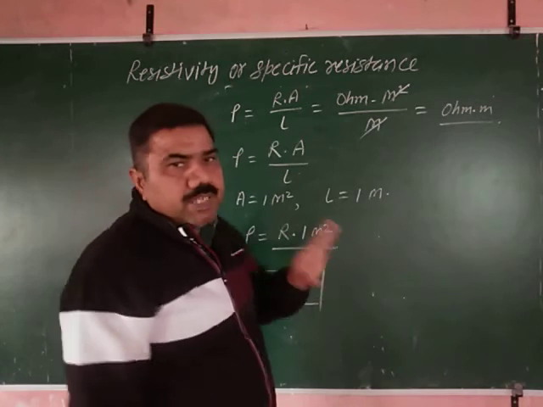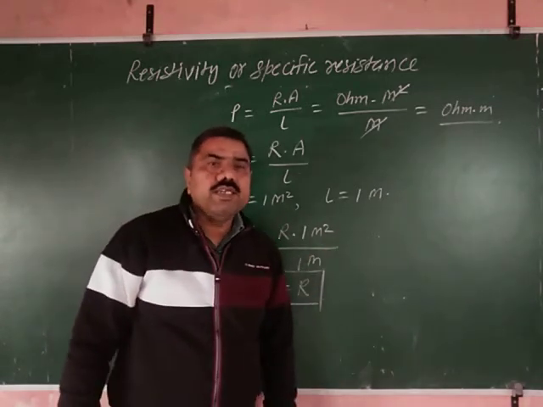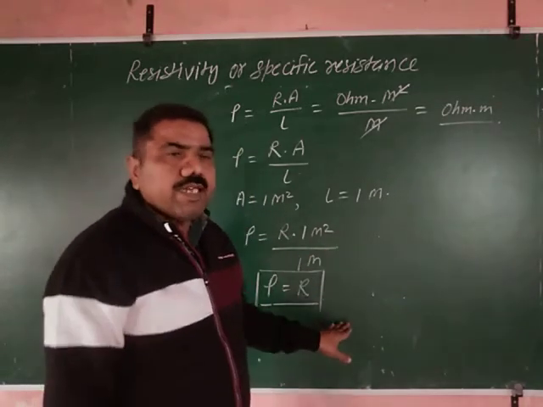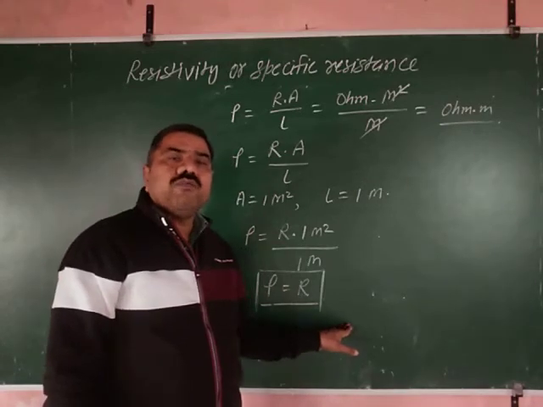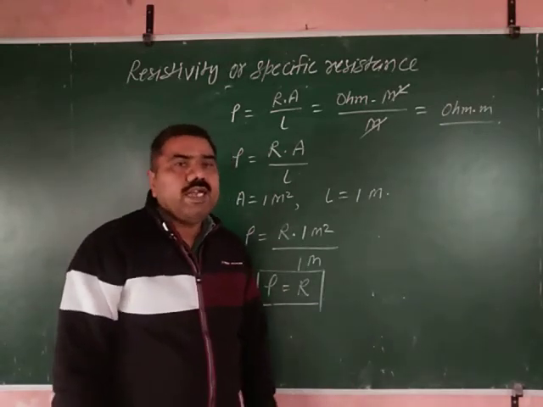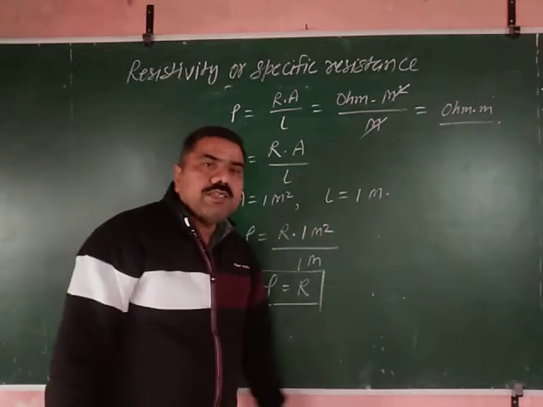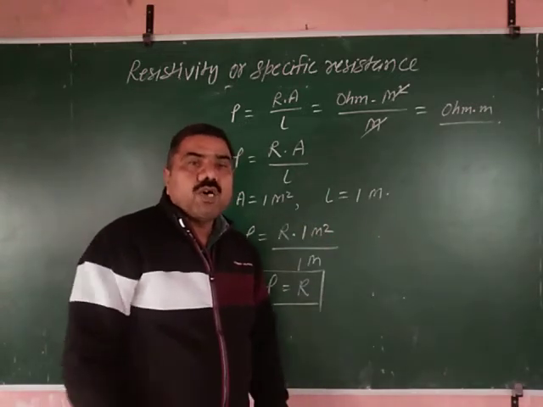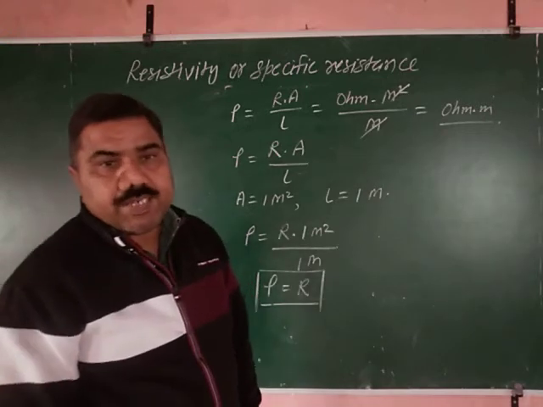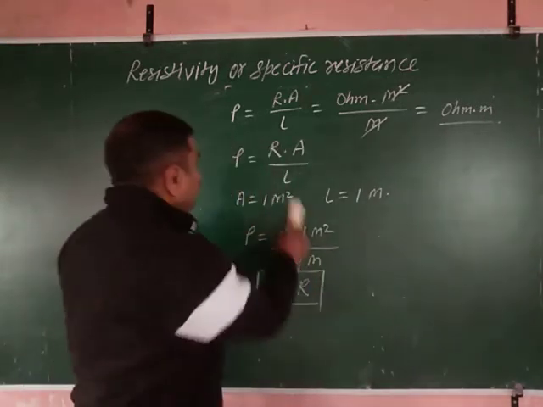That is, specific resistance of a conductor is equal to the resistance of a conductor of unit cross section area and unit length. Now we classify the substances on the basis of resistivity of the substance.